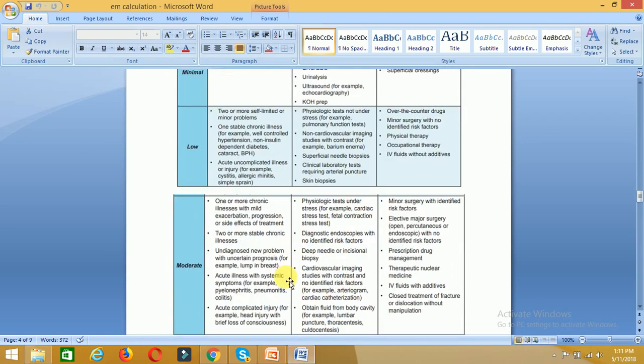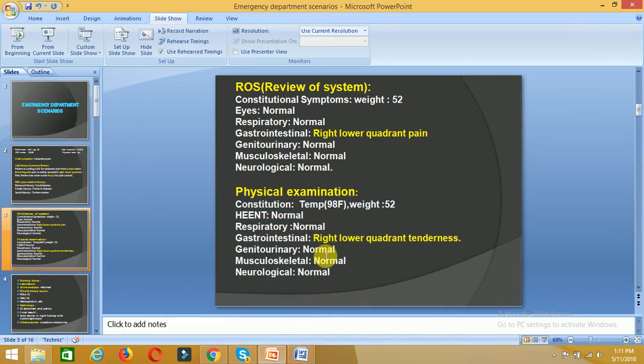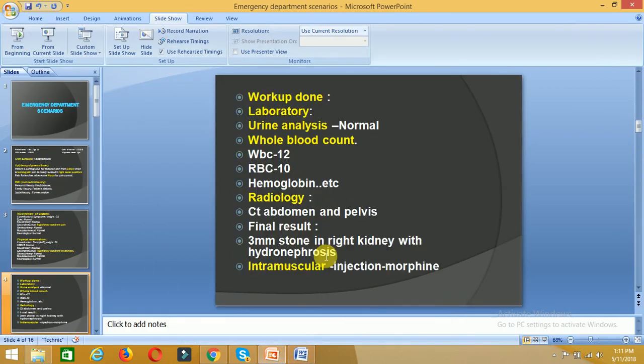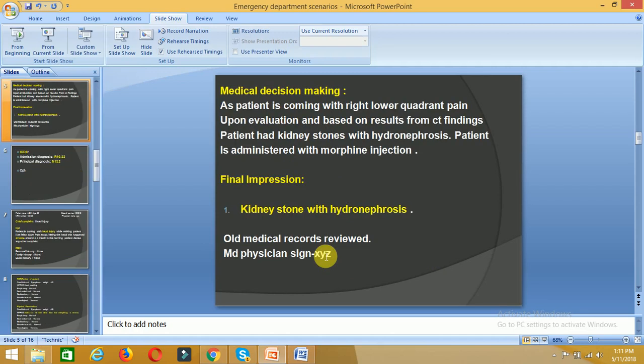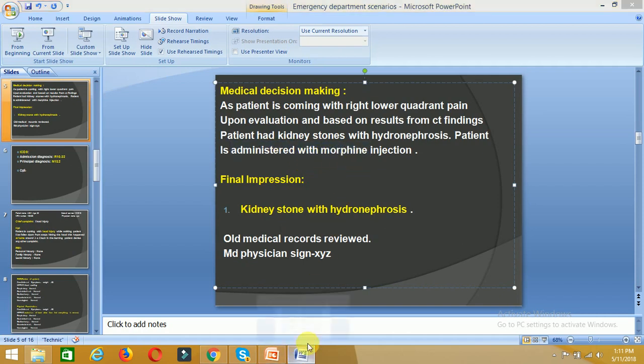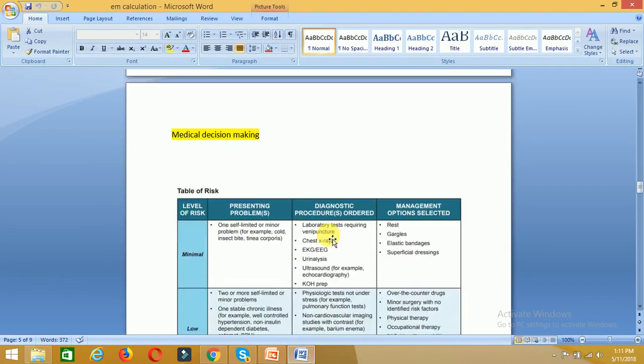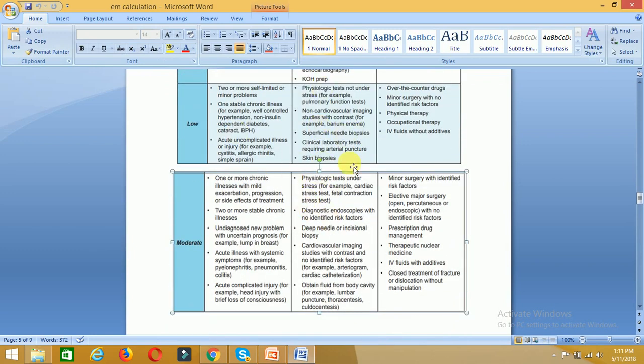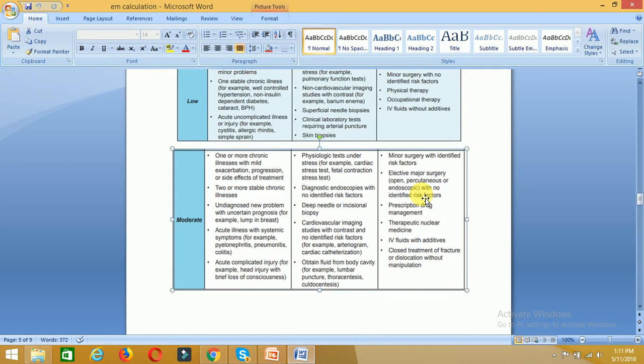Now we will go to the medical decision making part. As the patient is having right lower quadrant pain, the physician has done CT radiology, urine analysis, and he gives the drug also for pain control, injection morphine. See here it is administered with morphine injection. We can check in the medical decision making table. As I told in the previous session, no need to worry, we can check in the medical decision making table also. Where is prescription drug management? Yes, here it is.